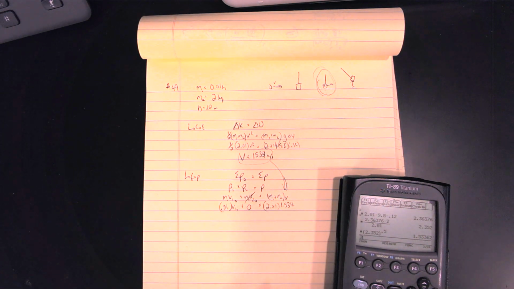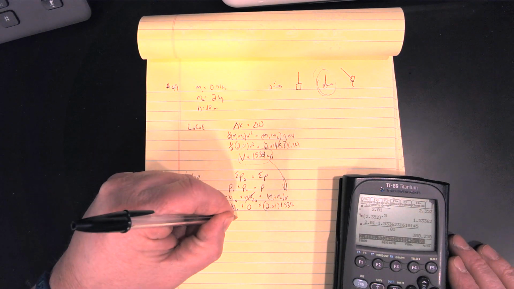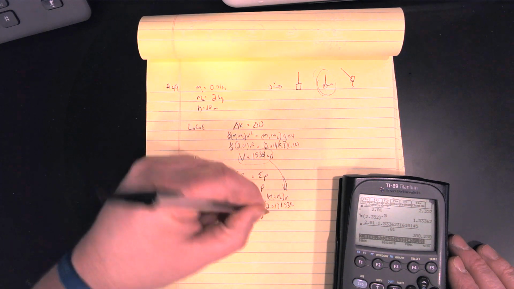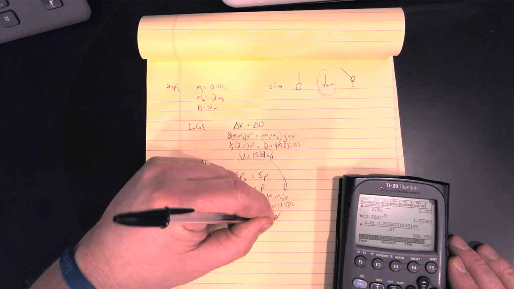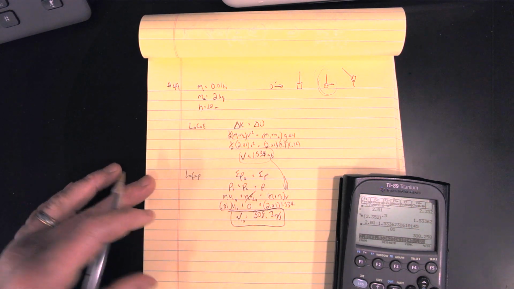So 2.01 times my velocity, divide that by the 0.01, so I get 308. So my velocity, V1 naught, should be 308.3 meters per second. Okay, so that's 49.